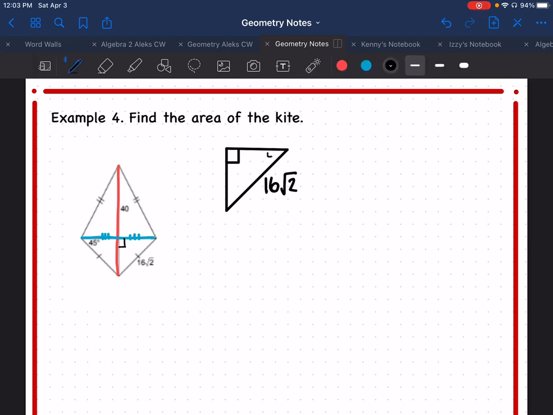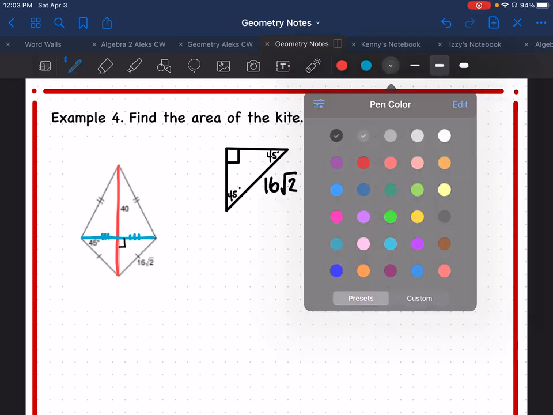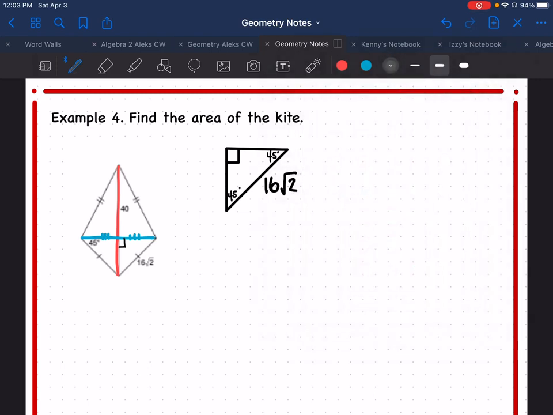So this is 45 degrees, which means this is 45 degrees, and I have a 45, 45, 90 triangle. I'm going to go back and label it. I know that the two legs are both A, and I know that the hypotenuse is A times the square root of 2. These two are equal, and I'm going to solve that equation.